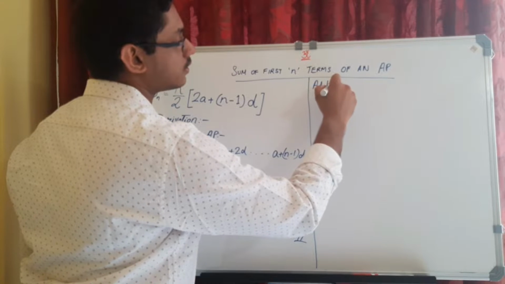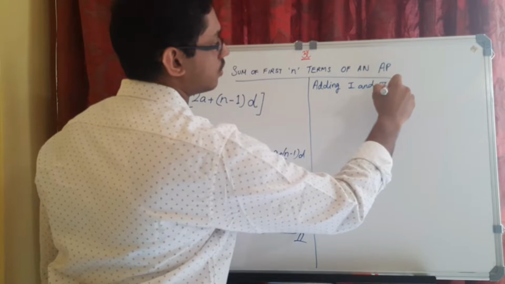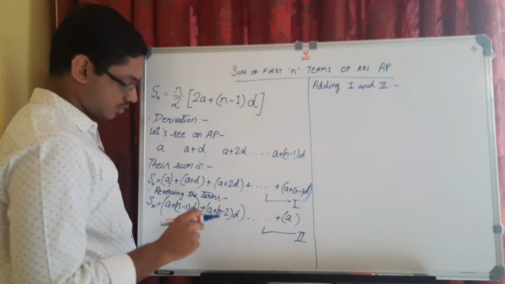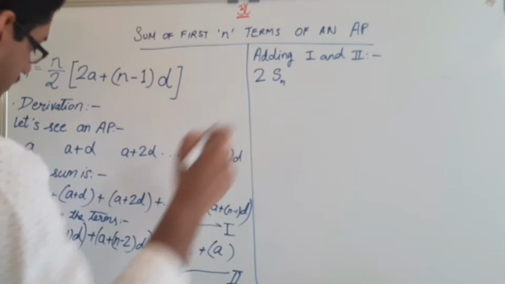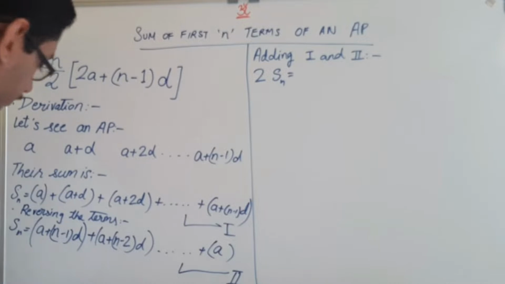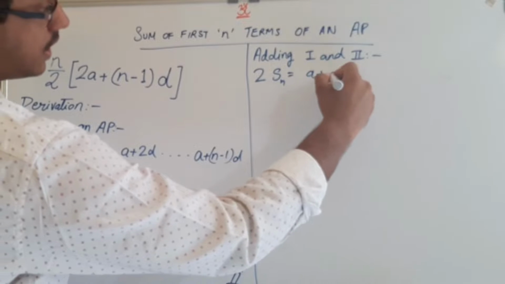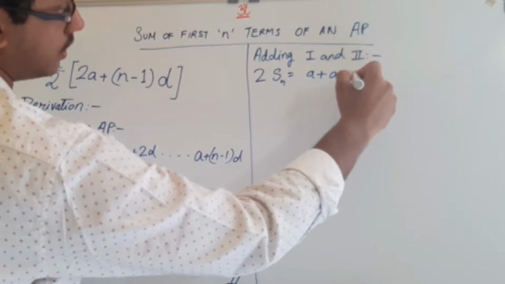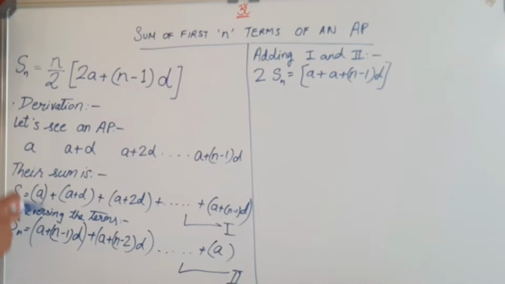Adding 1 and 2, first equation and second equation we are adding. What is the addition? 2 into Sn. See, Sn plus Sn becomes 2 Sn equals a plus a plus (n minus 1) d. This becomes a whole sum: a plus (n minus 1) d plus a plus (n minus 1) d.